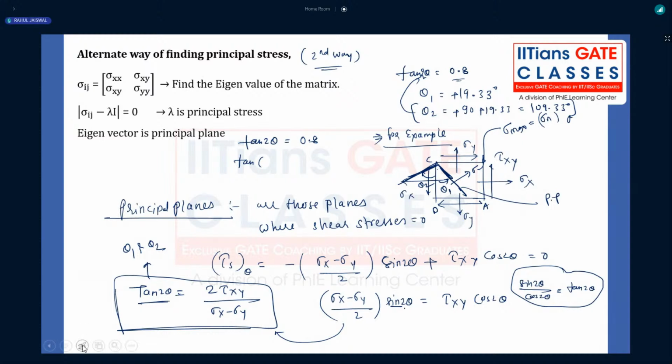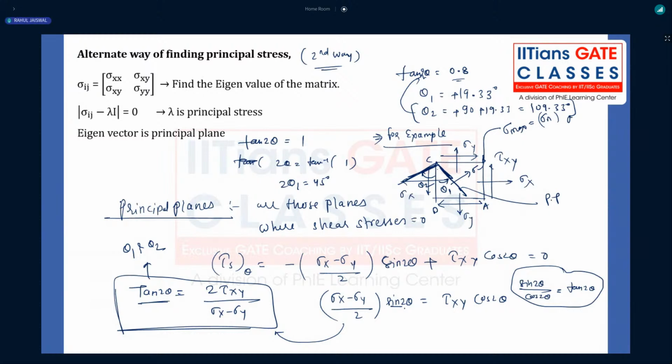For example, tan 2 theta, you got a particular value as 1. Now tell me the value. Tan inverse of 1, if you do that, you will be getting two values. One value will be 2 theta 1, that will be 45. Other values you will also be getting, right? Tell me, guys, whether you will be getting the values or not. One more value.